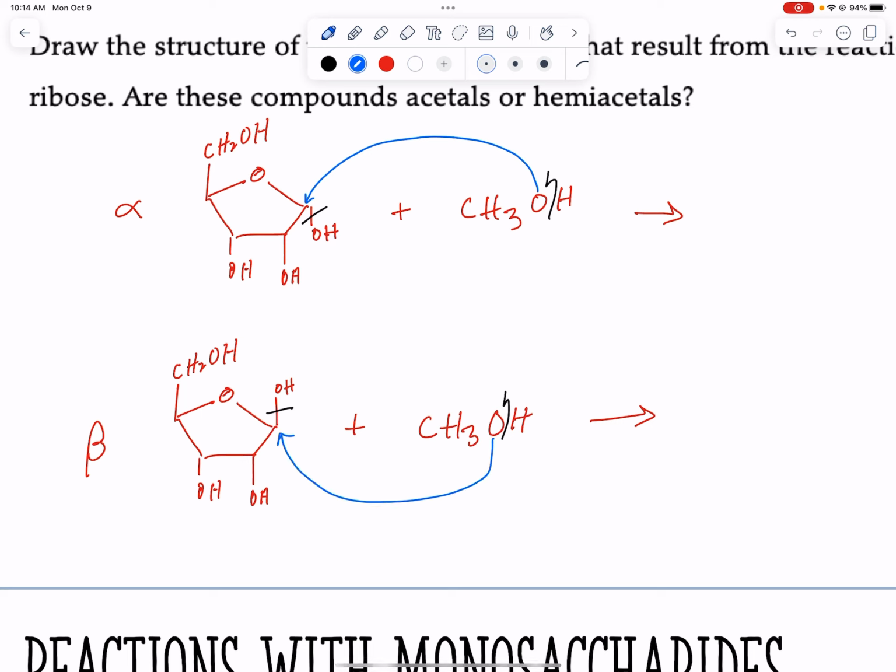Now notice we're not breaking any other bonds in methanol. So wherever the O goes, this little CH3 is going to go with what was methanol. And this part that I'll highlight, the OH here and the hydrogen from methanol, this is going to give us water. So that's one of the first things we'll get is water.